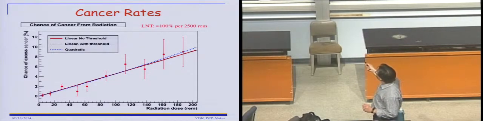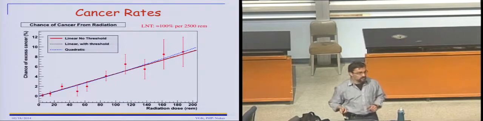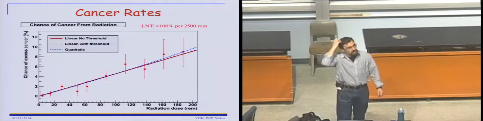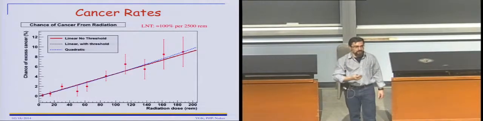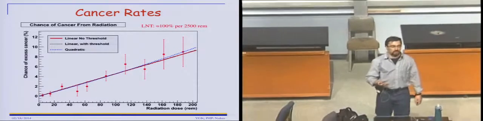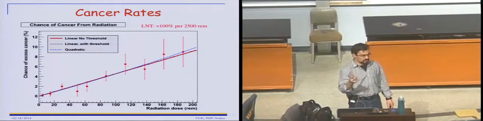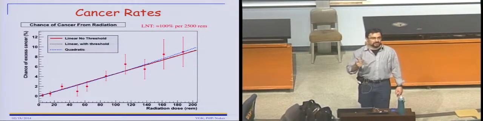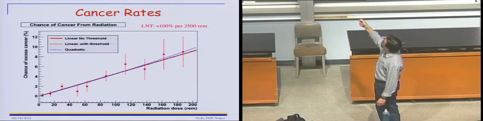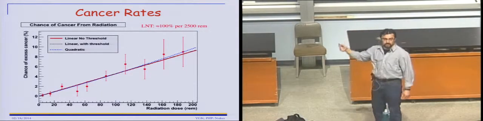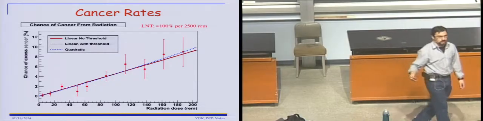In particular, there's no data at the low end. And this is, again, where the linear no threshold versus threshold debate comes in. The linear no threshold hypothesis is the most conservative in two ways. One, it's an extra chance of cancers, and you can assume, again for being conservative, that it ultimately leads to mortality.